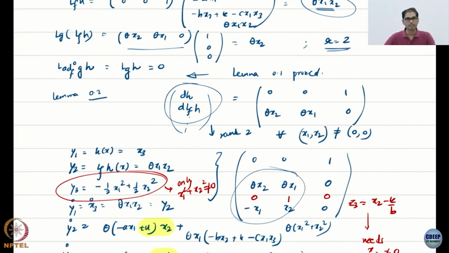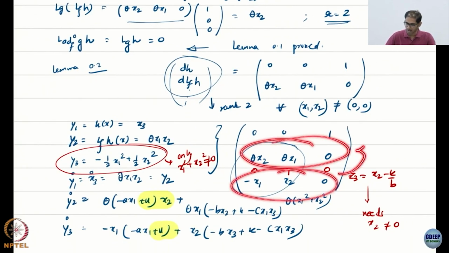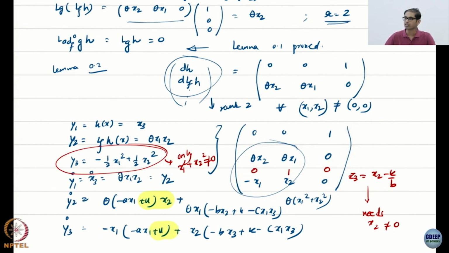Then the way we chose our phi, that is the third coordinate, was just to make sure that I get a full rank Jacobian. What did I recommend? I just thought I will make the third row orthogonal to the second row, because the first and the second row are already orthogonal. Notice, because the dot product of first and second is 0 already. So I just made sure that the second and third are orthogonal.